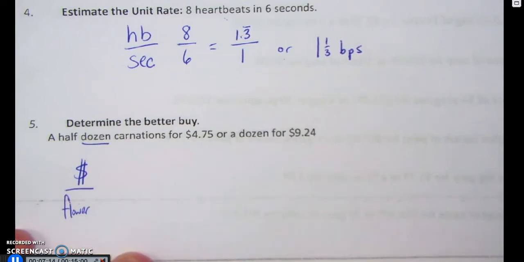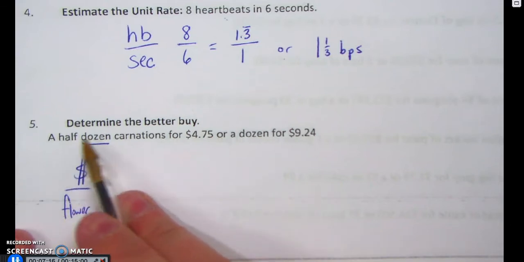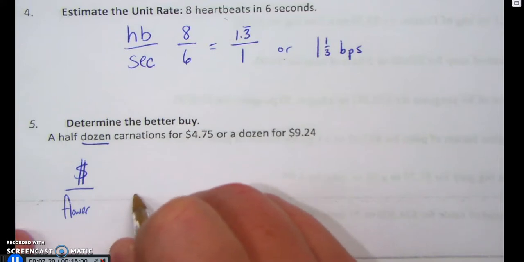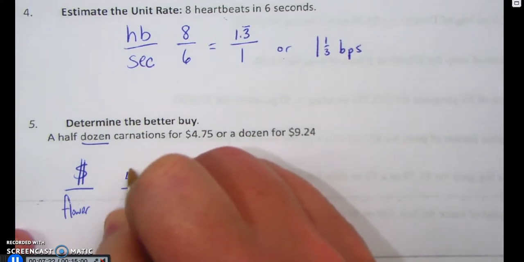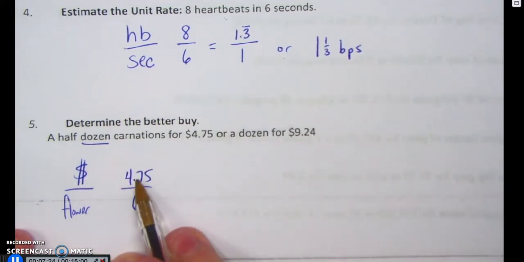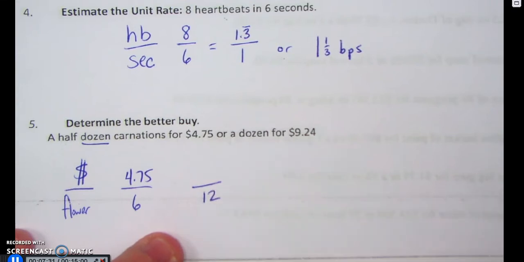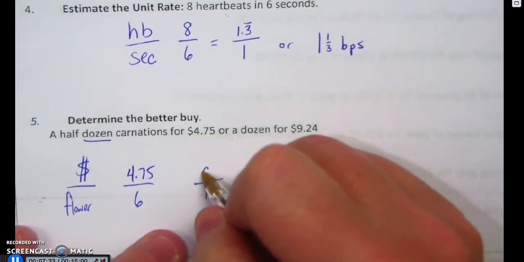Okay. All right, now, this says half a dozen carnations, which would be 6 carnations for $4.75. See how I set that up? Money on top. Money always goes up top. Or a dozen carnations, which would be 12 carnations for $9.24.